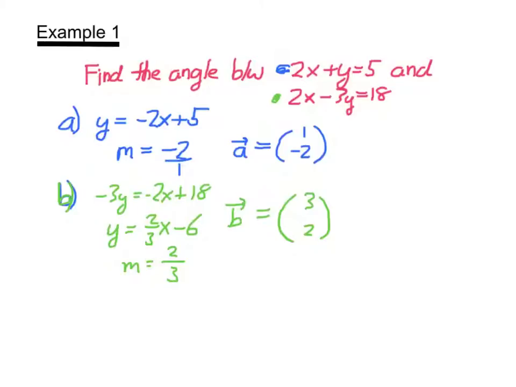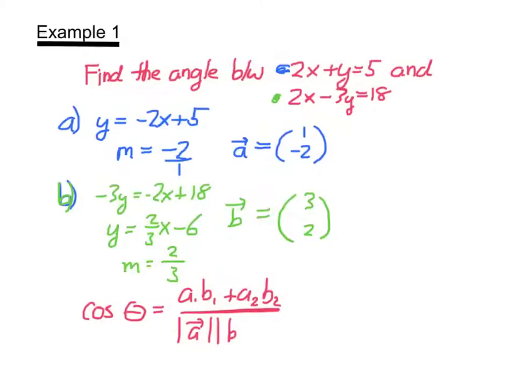Now that we have our direction vectors, we can use our rearranged dot product, which is cosine theta equals a1 times b1 plus a2 times b2 over the magnitude of vector A times the magnitude of vector B, and we just need to plug in some numbers now.